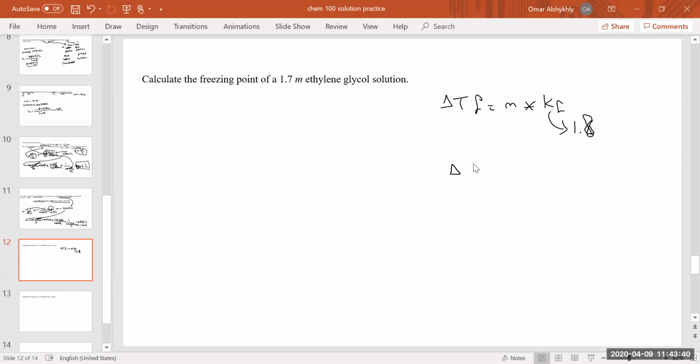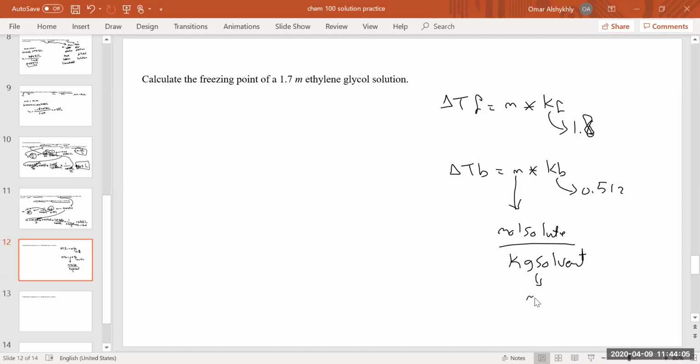If we are asking about delta T sub B, it will be molality times K sub B, and K sub B will be 0.512. Molality, don't forget, is the mole of solute divided by kilogram of solvent. That means the mass of solvent in kilogram unit.